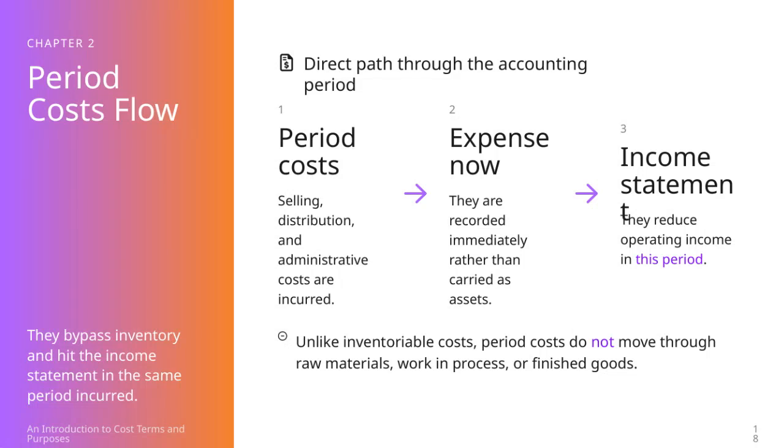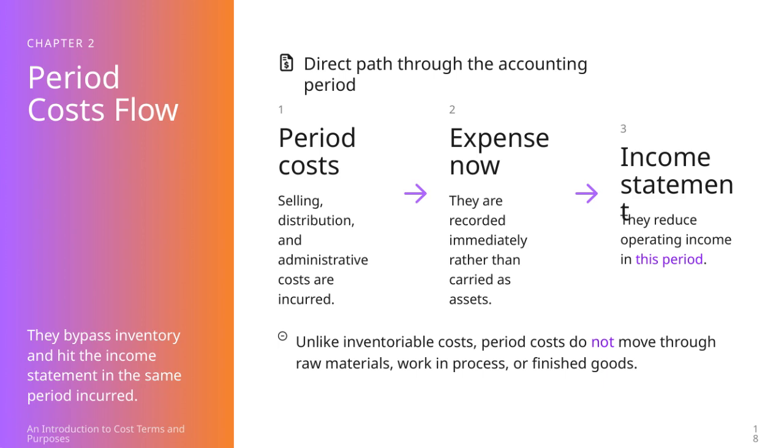Now, let's talk about period costs and how they flow through the accounting system. Period costs, which include selling, distribution, and administrative expenses, are different from inventoriable costs because they do not become part of inventory. Instead, they bypass inventory entirely and are recorded directly as expenses in the income statement during the period in which they are incurred.